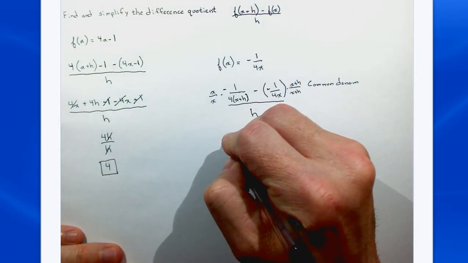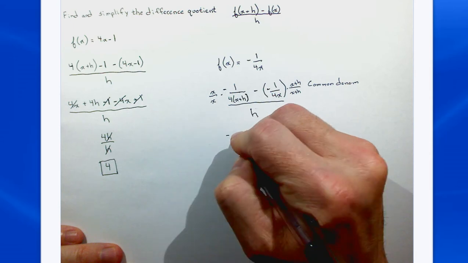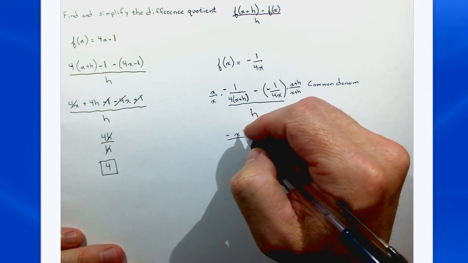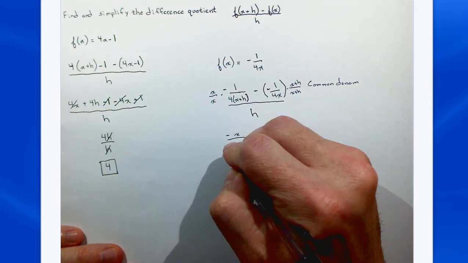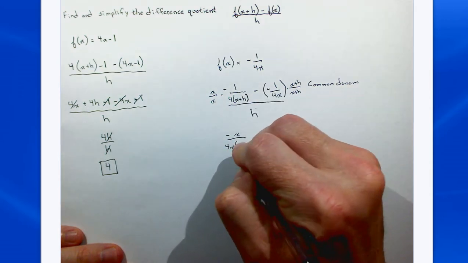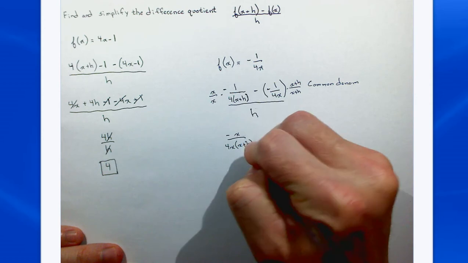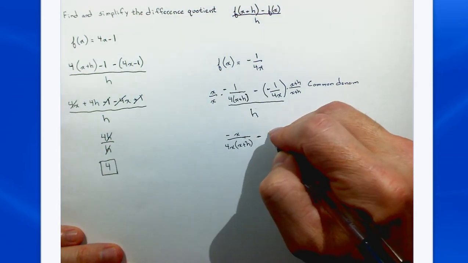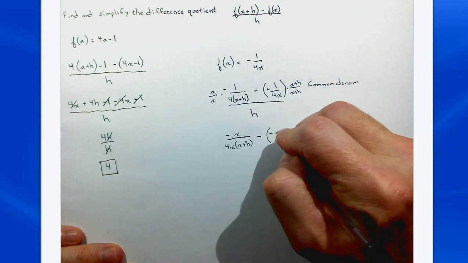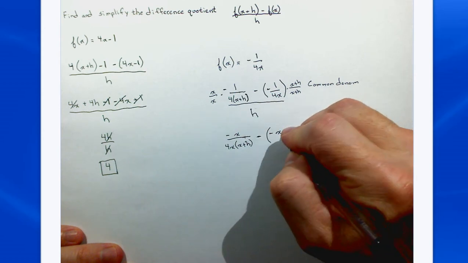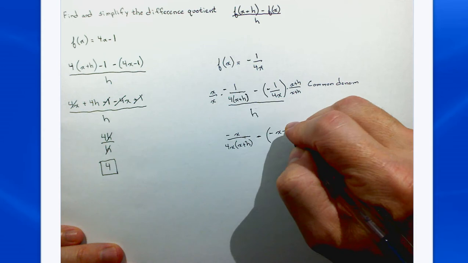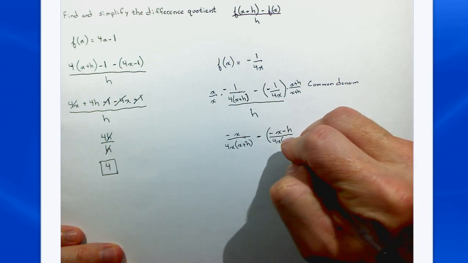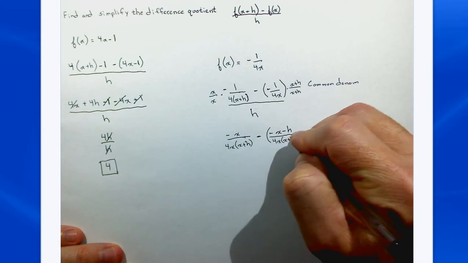So I end up with a negative x over 4x times x plus h, minus a negative x minus h over 4x times x plus h.